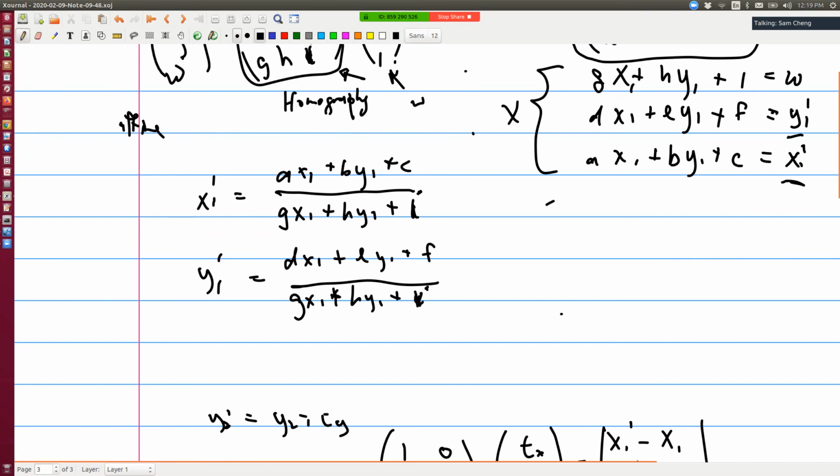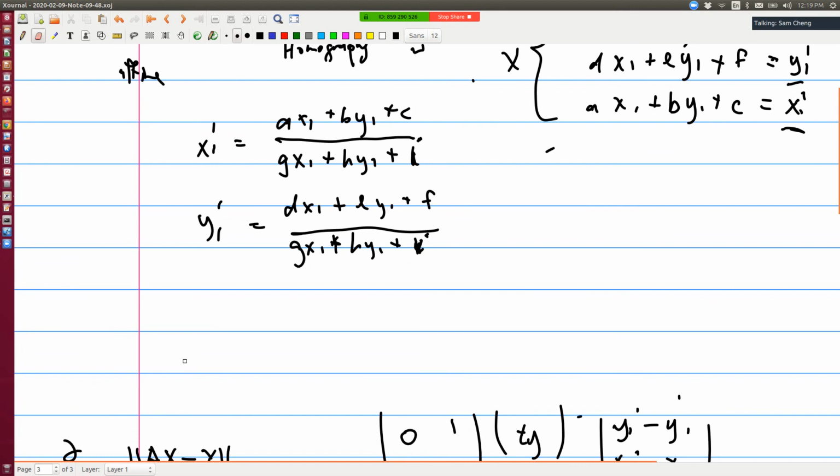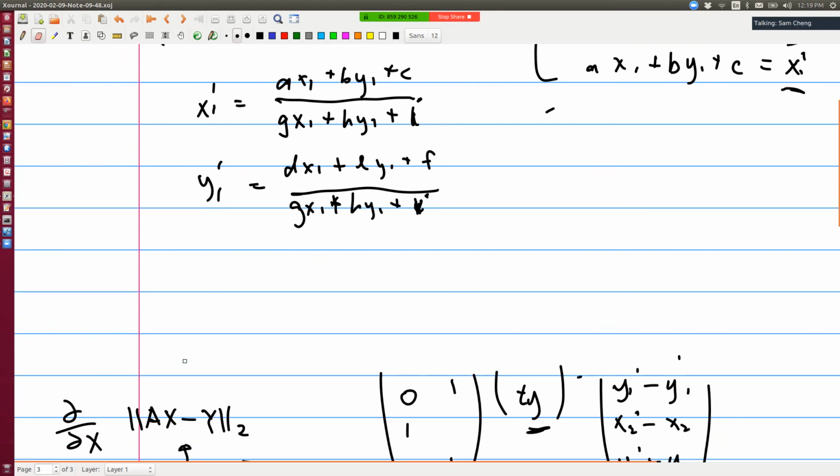So now I can move everything to the other side. So let me move everything to the other side. So I have x1. As I mentioned, I need to be careful. These are the variables. Basically, maybe I just write the variables are... I have quite a lot of variables here.